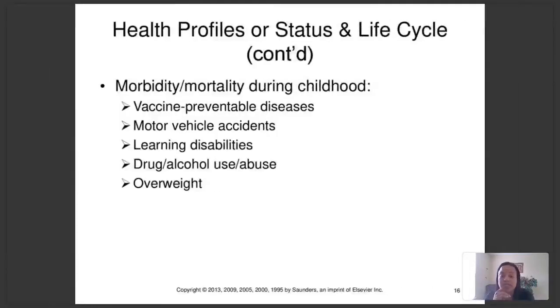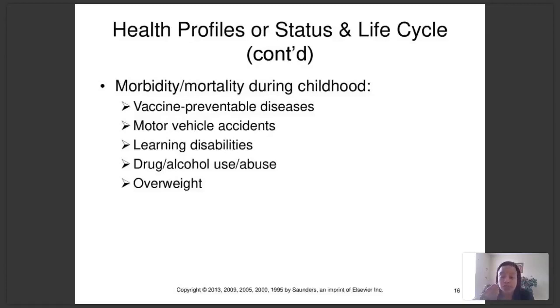Continuing on, we talked about infancy before. These are some of the things that you'll see more commonly in the childhood age group for morbidity and mortality. They're talking about learning disabilities, and drug and alcohol use or abuse. Increasingly, we have issues with weight problems in younger children, and it's getting younger and younger.